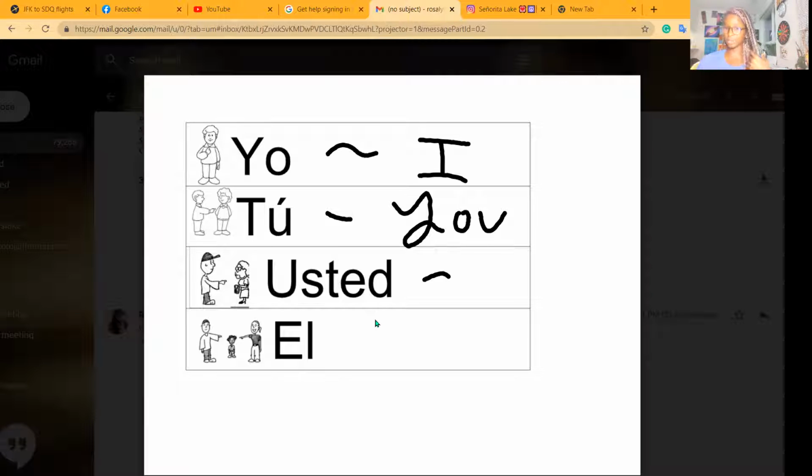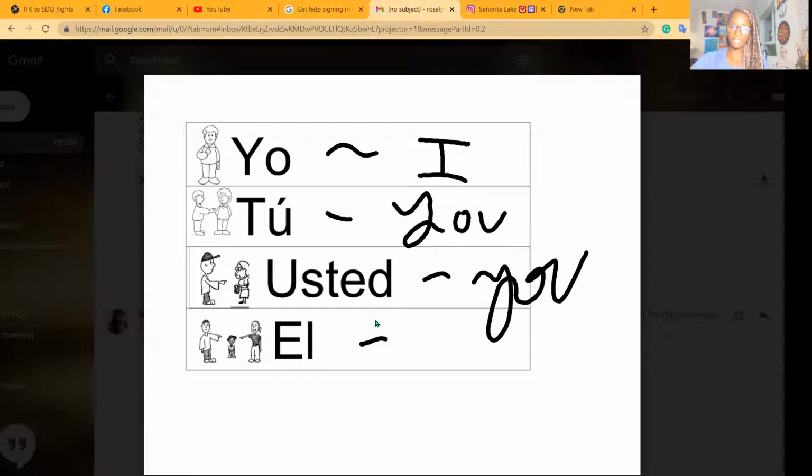I was raised in the Dominican Republic where you are not to say tú to your mother or father or grandfather or elder or anybody older than you. It's a form of respect. So usted is you as well.